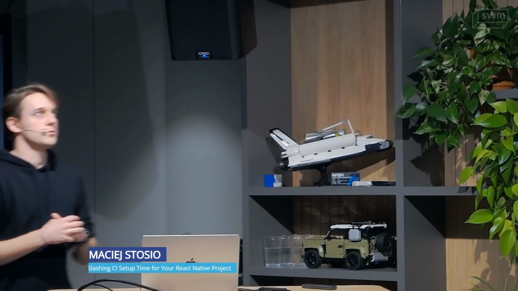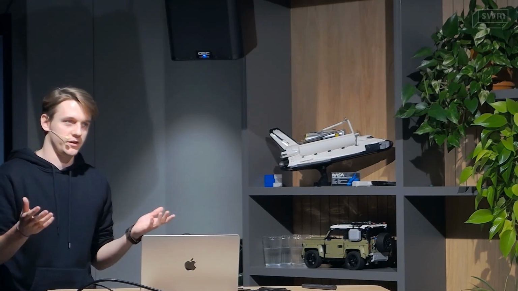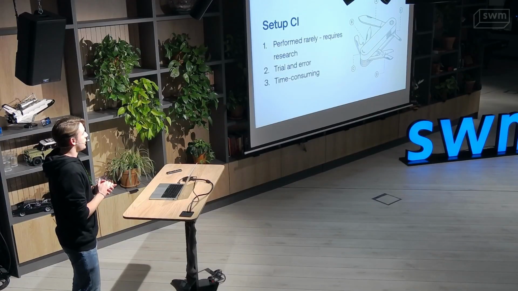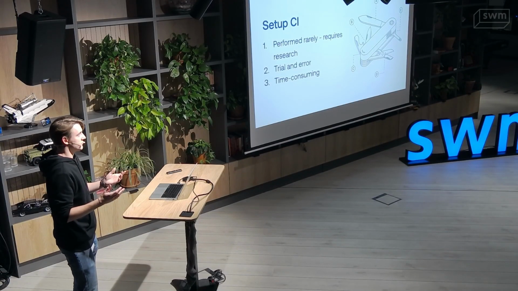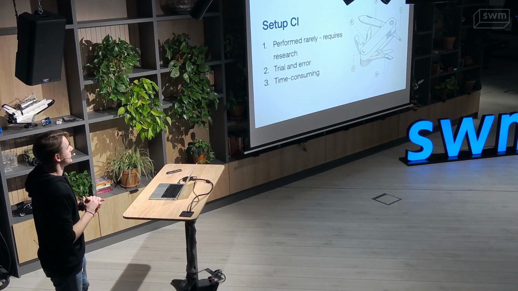So let's start with how setting up CI looks right now. This is a task that is performed rarely. We do it when the project starts or sometime after it starts, so it's done probably once a year or even less often. This is a trial and error process.